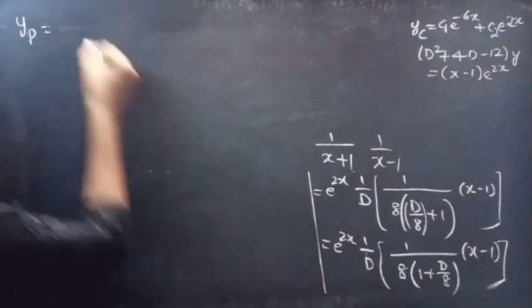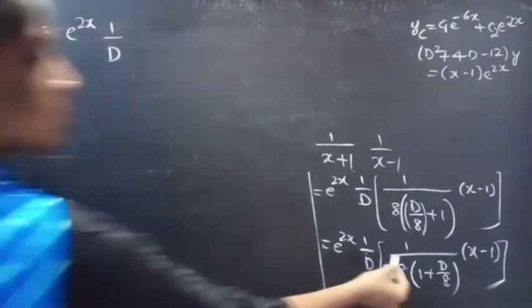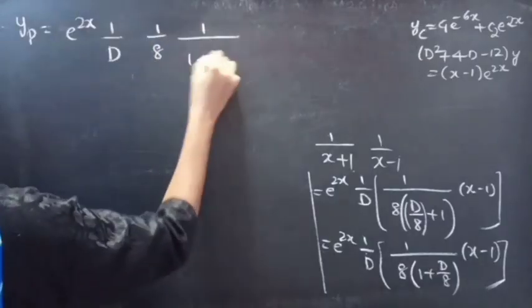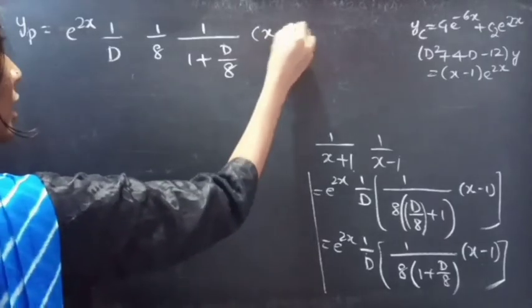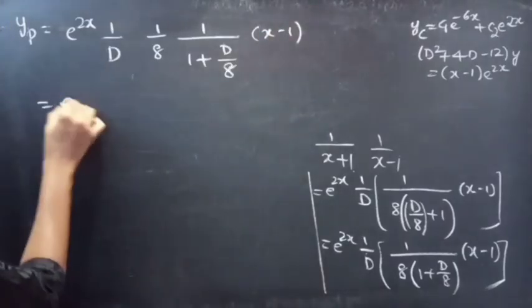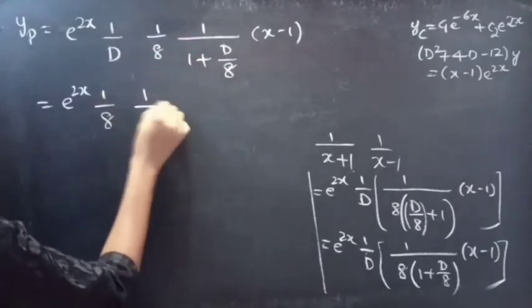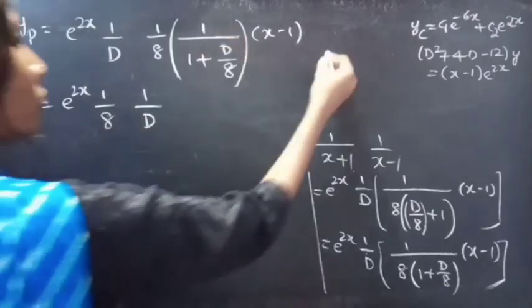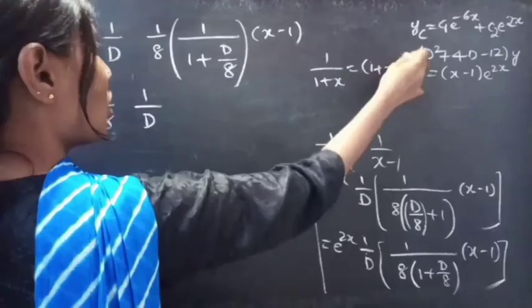Now we can write this as e power 2x into 1 by D into, splitting the fraction as 1 by 8 into 1 by 1 plus D by 8 into x minus 1, which is equal to e power 2x into 1 by 8 into 1 by D into, we can write this as a series of 1 by 1 plus x form, which we can write as 1 plus x whole inverse.